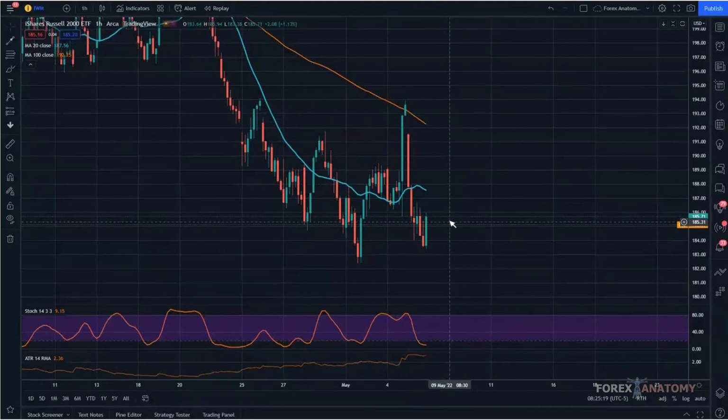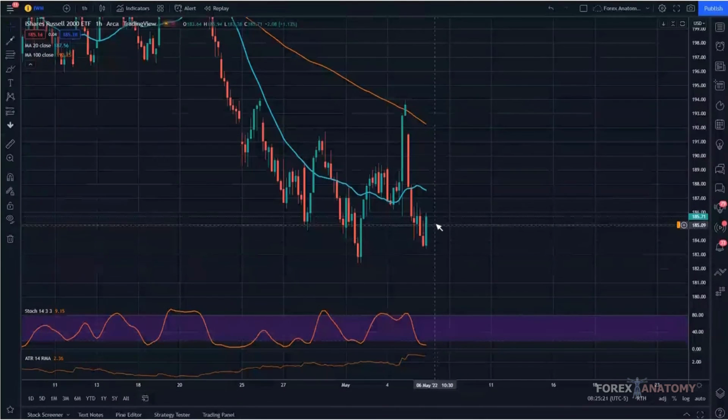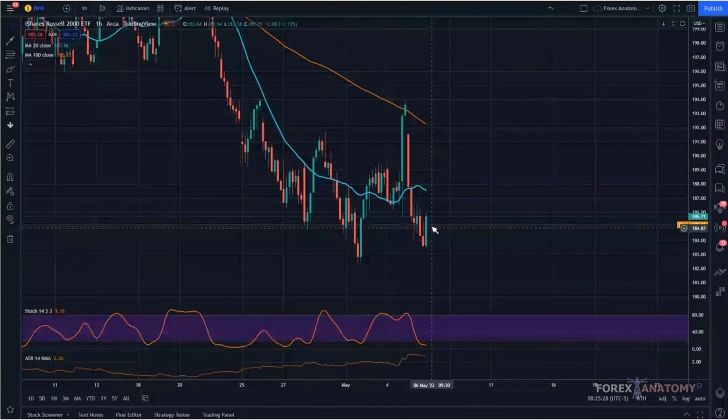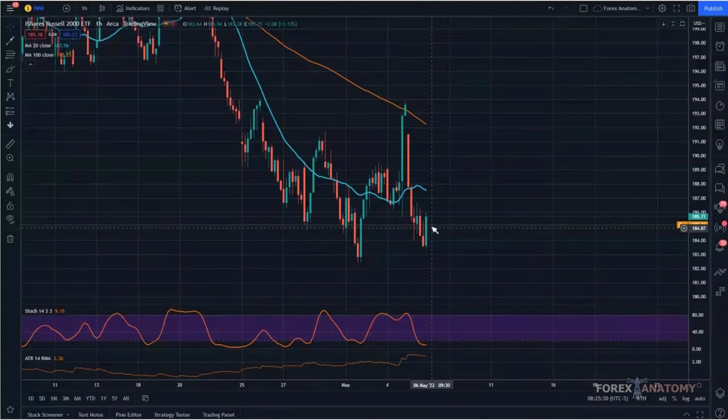So we can expect markets to gap to the downside, but I don't know. We may see the market surprise us and close with higher gains later. Usually you see that profit taking an hour ahead of the Wall Street close, so we can get that later on in the U.S. afternoon.